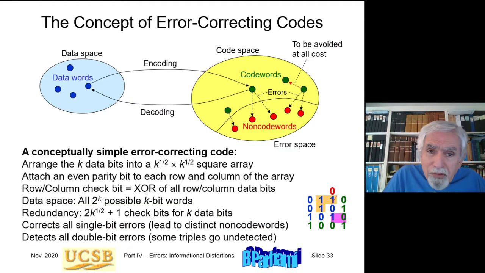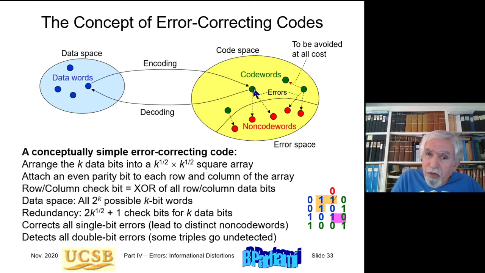This is similar to the diagram I showed you for error detecting codes. We have data words, and those data words are encoded as code words within the code space. Some words in this code space are code words, valid words. Some are non-code words, invalid words. And this is basically what allows us to correct errors.